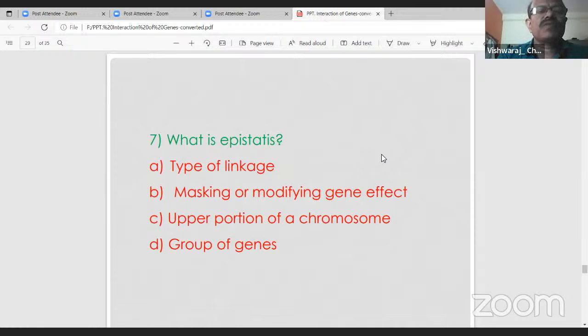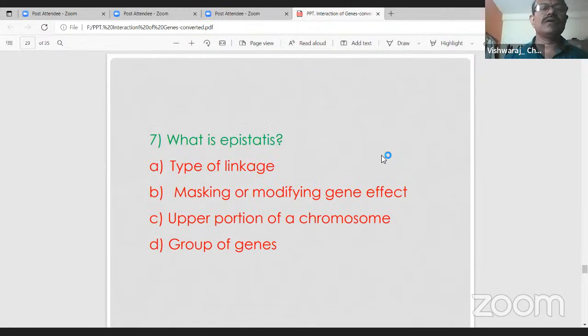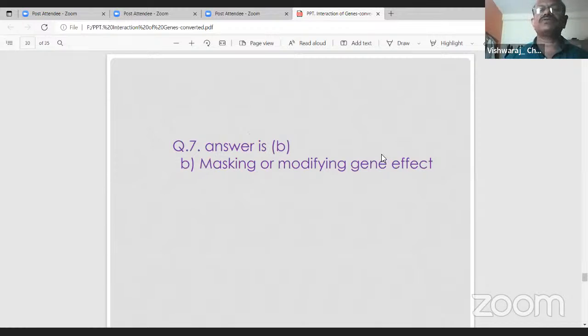What is epistasis? To give this question's answer, your answer is masking or modifying gene effect.